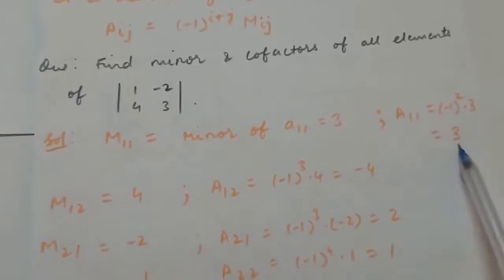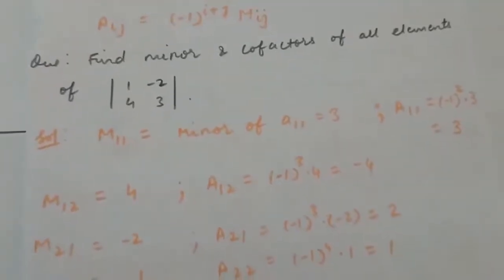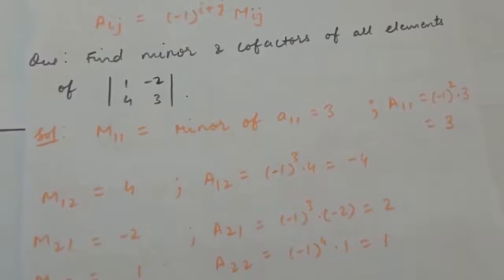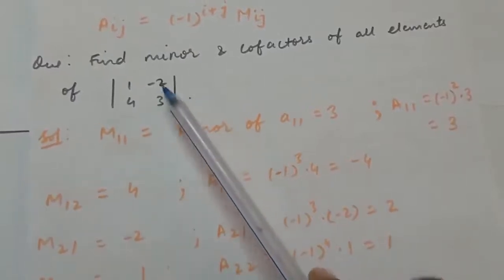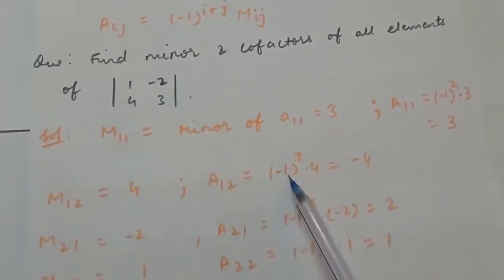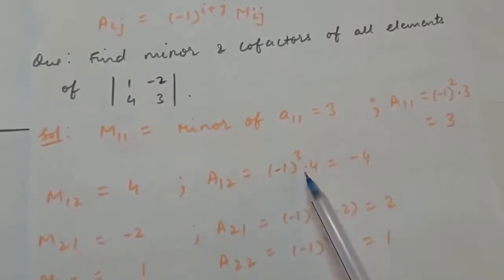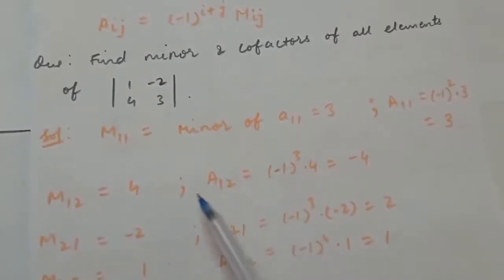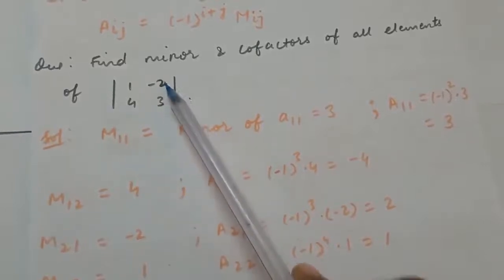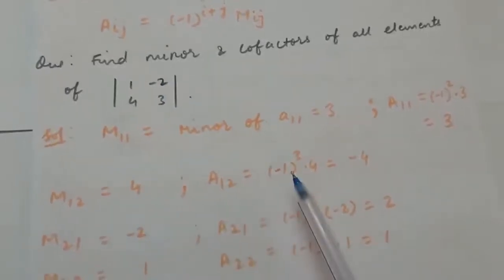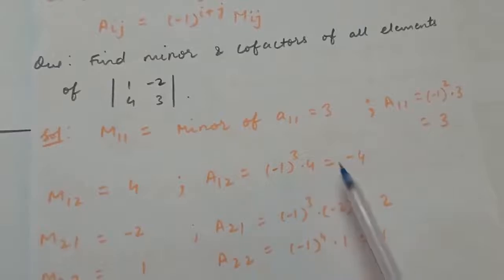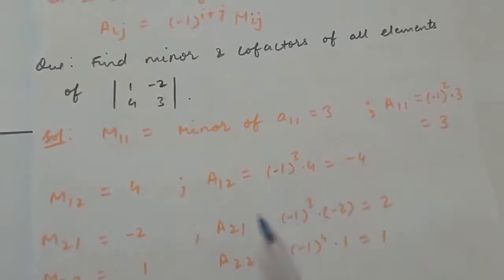So the answer will be 3. Then the cofactor of the element A12 will be minus 1 raised to the power 1 plus 2, which is 3, into the minor of A12. The minor of this element is 4.